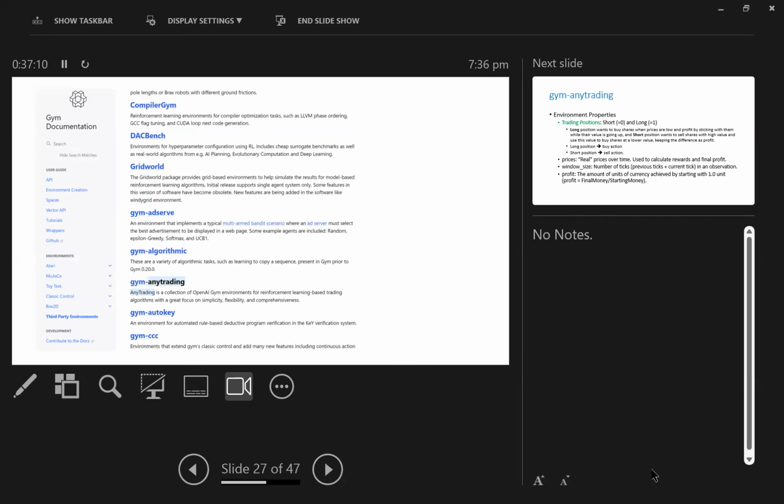Now, anyway, I just show you the different environments provided by Gym. In particular, we are working on one of them, gym-anytrading. There are other different kinds of environments that we can use. Again, the example we give here is a very limited example.